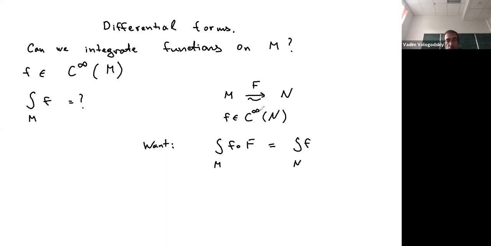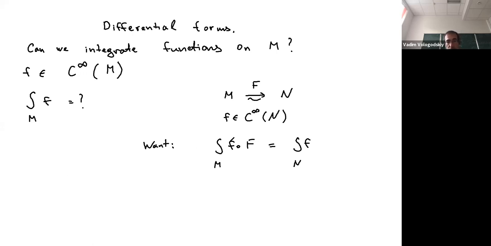Think of it as basically the same manifold where we simply give different names to points, and these two functions correspond one to the other. So this is something that we must have. On the other hand, our experience with calculus.